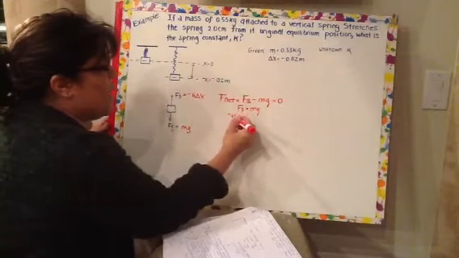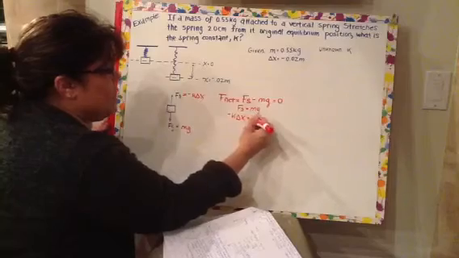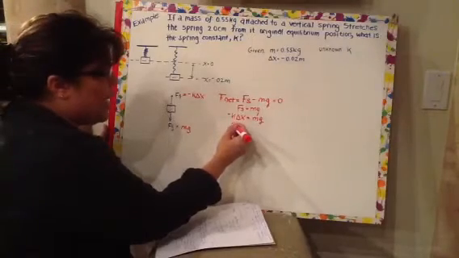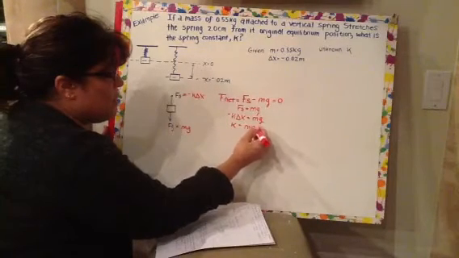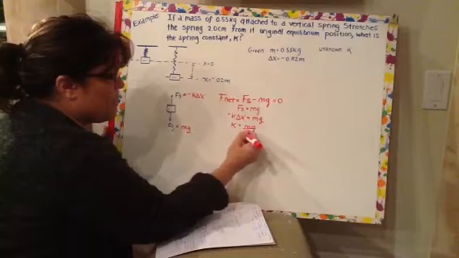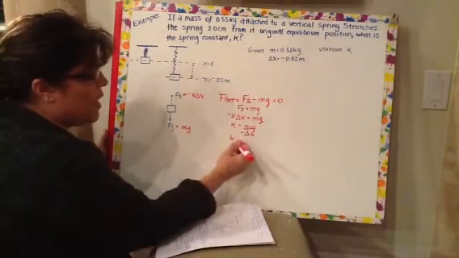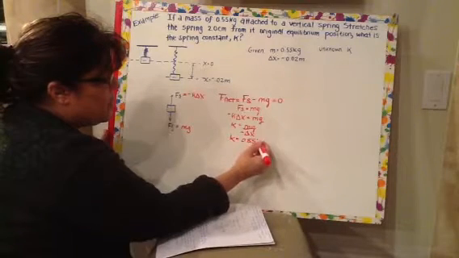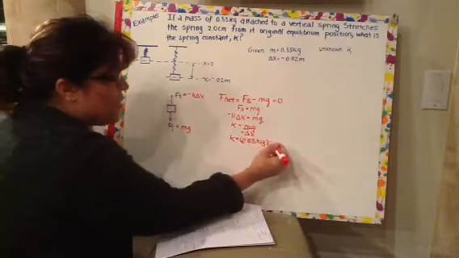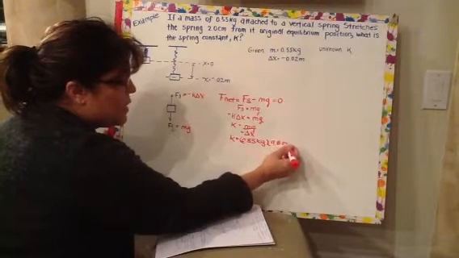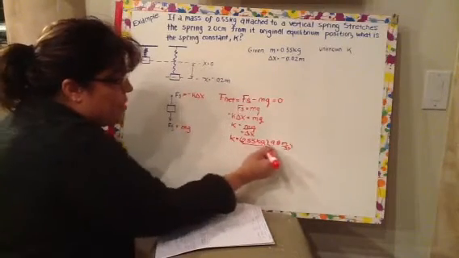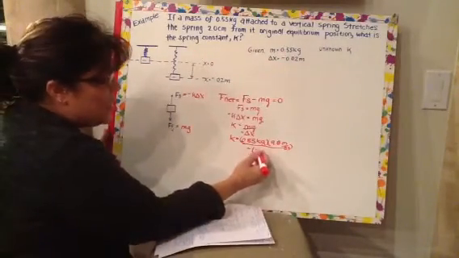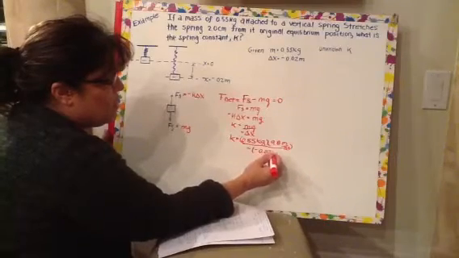So we have negative K delta X is equal to mg. We know all this information, so we can solve for K: K equals mg over negative delta X. K equals m, which we know is 0.55 kilograms, times g, which is just our old-fashioned gravity, 9.8 meters per second squared, over negative delta X. Delta X is negative, so it's negative 0.02 meters.